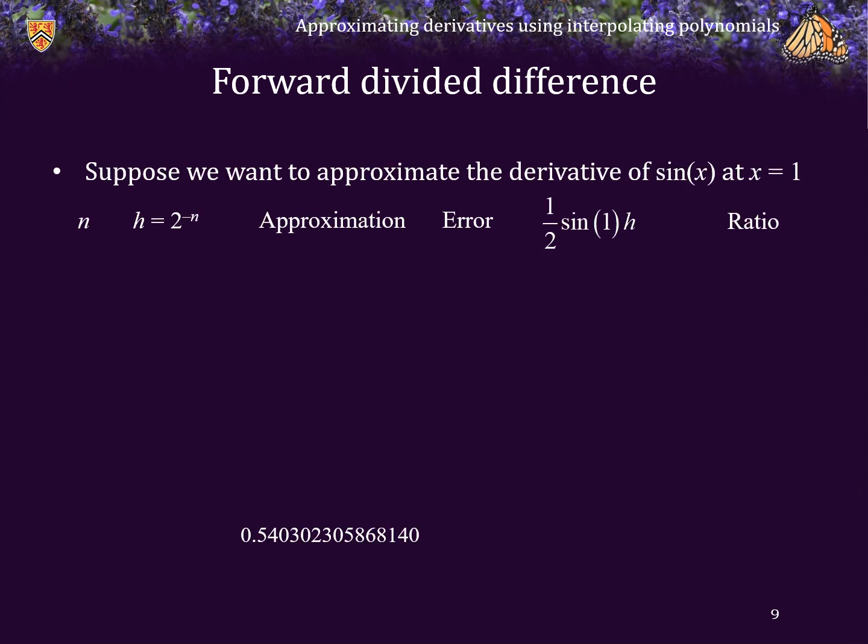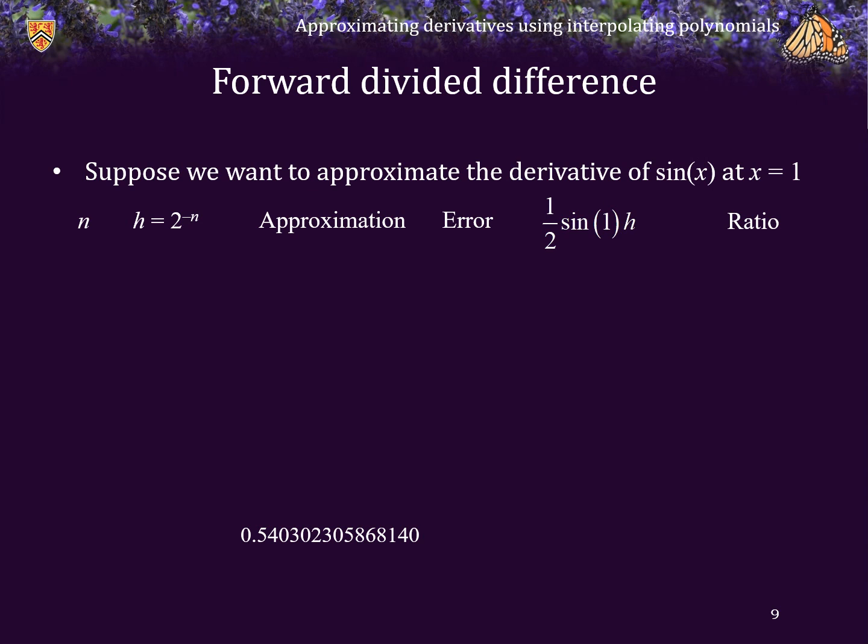All right, let's say we want to approximate the value of the derivative of sine of x at x equal to 1. So we're going to have different values of n. n will then define h. h will be 2 to the negative n. We will have our approximation using our formula of rise over run. We will then print out the error and see what the error is according to the definition.